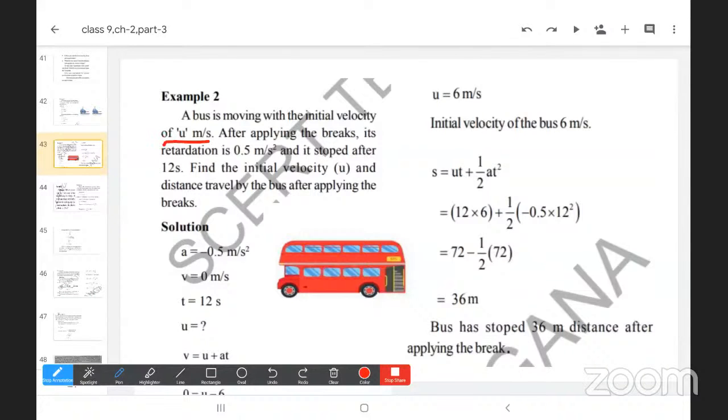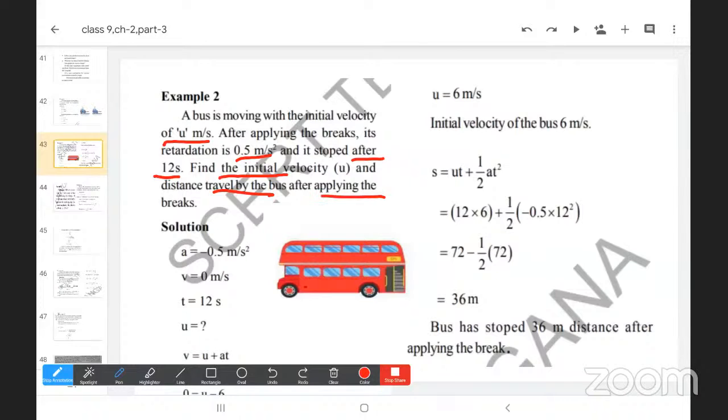After applying the brakes, its retardation is 0.5 meters per second square, and it stopped after 12 seconds. Here we need to find the initial velocity and the distance traveled by the bus after applying the brakes.